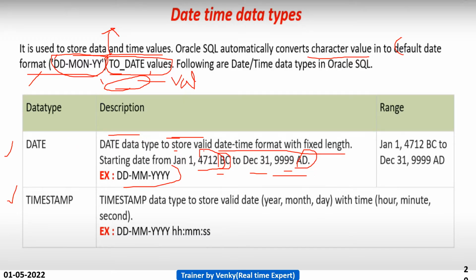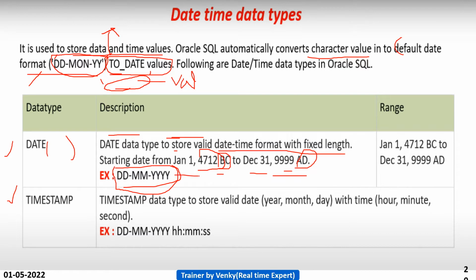The date data type is used to store a valid date format with a fixed length, so we need not declare any length. Why fixed length? Can we insert anything except these bytes, like ddmmyyyy? No, right?